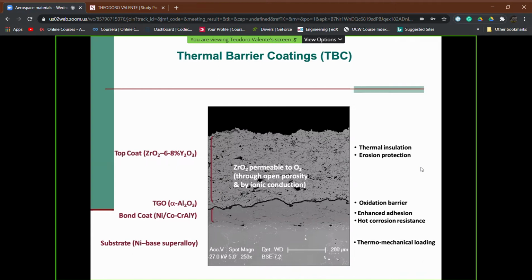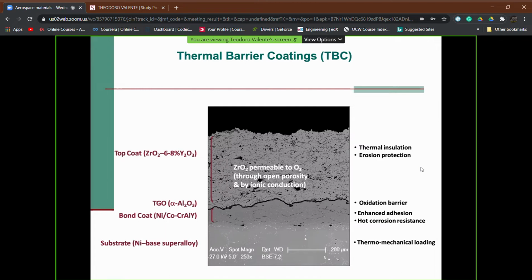These 300 microns are able to maintain a temperature difference between the combustion gases and the nickel-based superalloys in working condition which is higher than 250 Celsius.